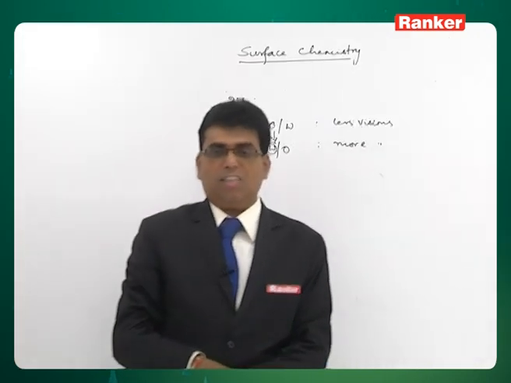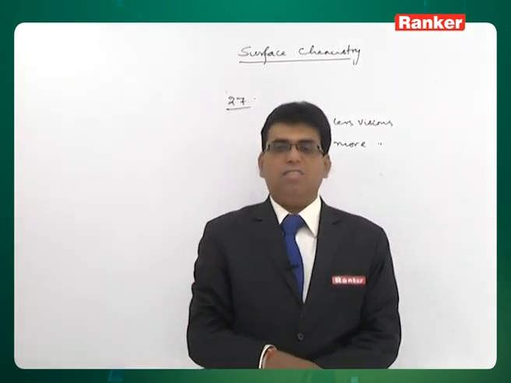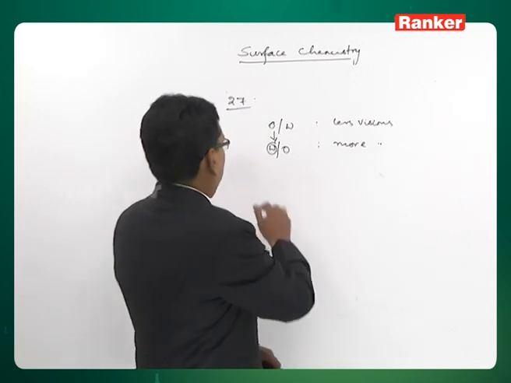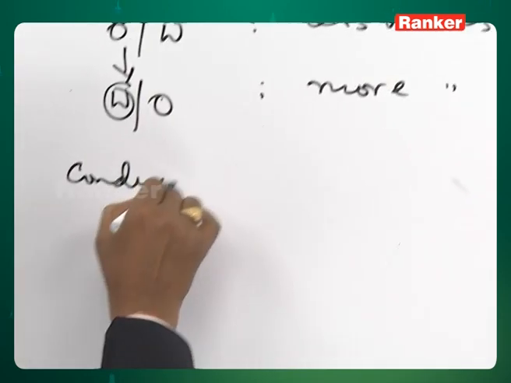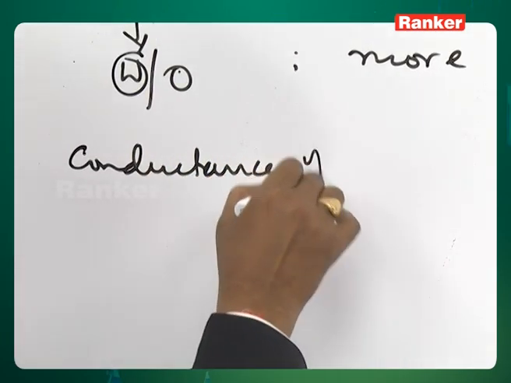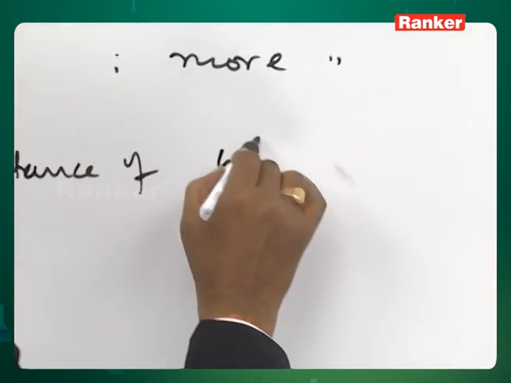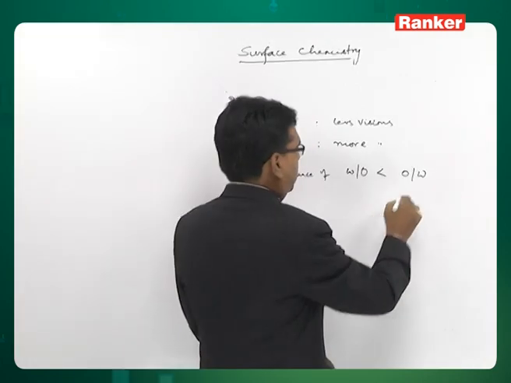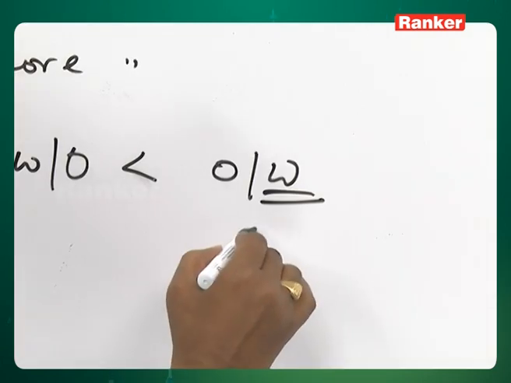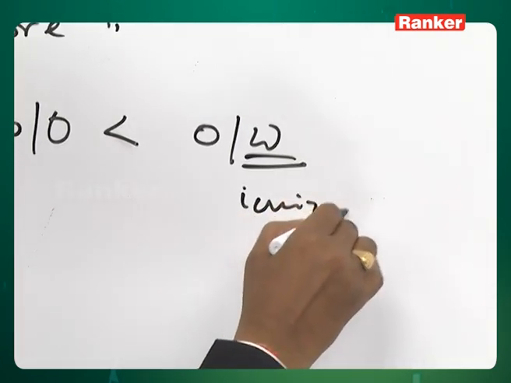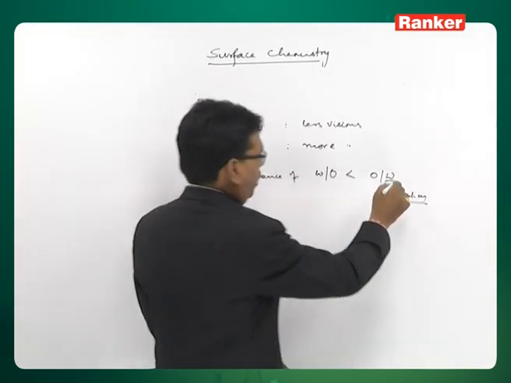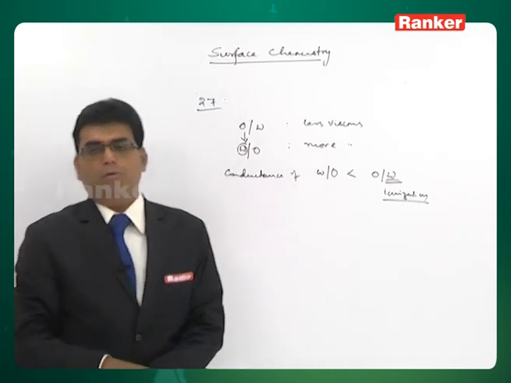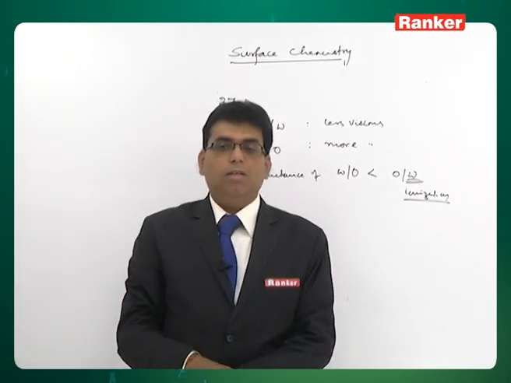Option 3 is that the electrical conductance of aqueous emulsion is less than that of oil emulsion. No, the conductance of water in oil emulsion is less than oil in water, because here the water content is more, ionization takes place, and you will have more charge separation. Then, de-emulsification can be done by soap or detergent.